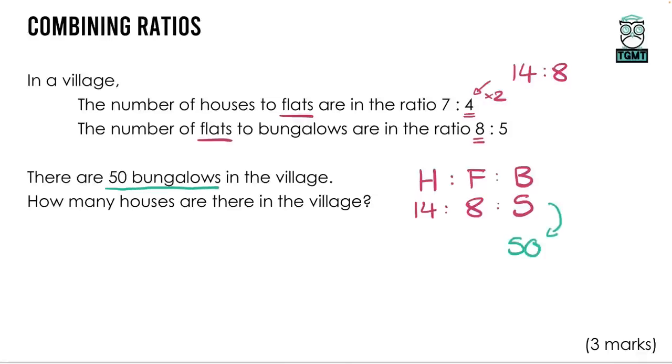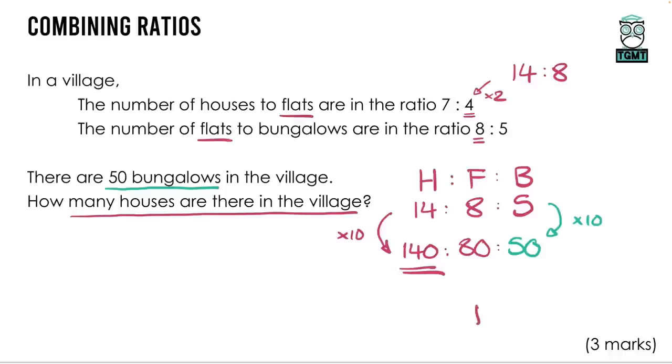To get to 50, that is multiplying by 10. Which means I'll have to multiply everything by 10, and I'll know how many houses there are, 140, and I'll know how many flats there are, 80. So where it says how many houses are in the village, well, we've just worked that out, there are 140 houses. And there we go, that's our final answer.